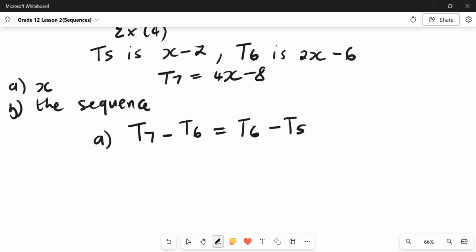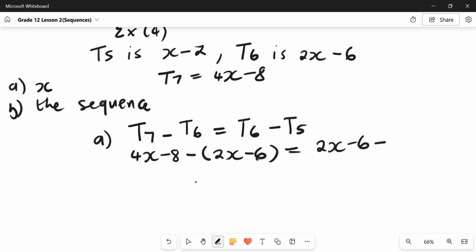T7 is just 4x minus 8. Subtract T6, which is 2x minus 6, equals T6, again 2x minus 6, minus your T5 there, that's x minus 2, right? Now, again, we've just moved from simultaneous equations to the distributive law, grade 10. And you see, it integrates all the topics.